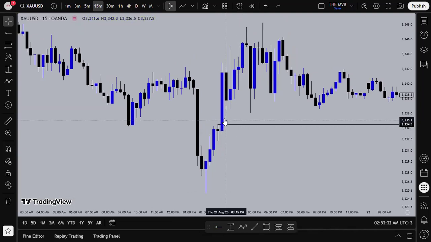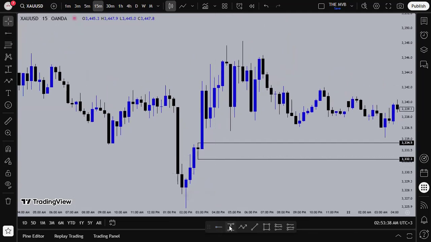Just after the price traded that area, we enter, and the stop loss we put just below here, and then we can join in and buy all this move, over 200 something pips. You can see that. Very, very simple.